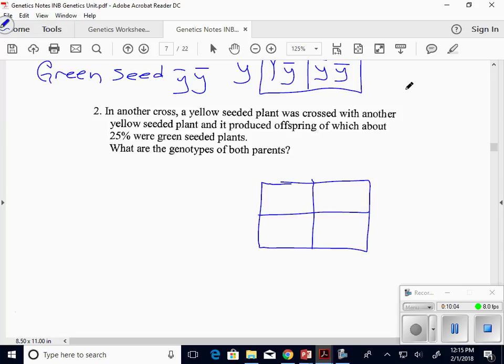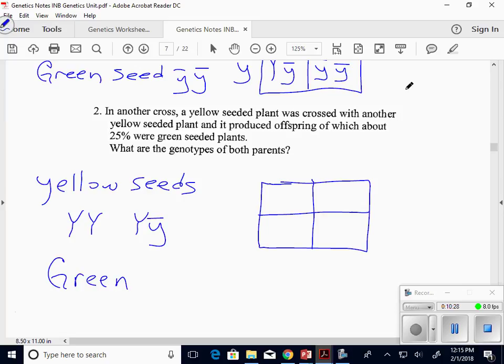Well, if I have a yellow seed plant, once again, yellow seeds can be YY, yellow seeds can be Y, lowercase y. Green seeds, once again, we haven't changed. Green seeds are lowercase y, lowercase y.